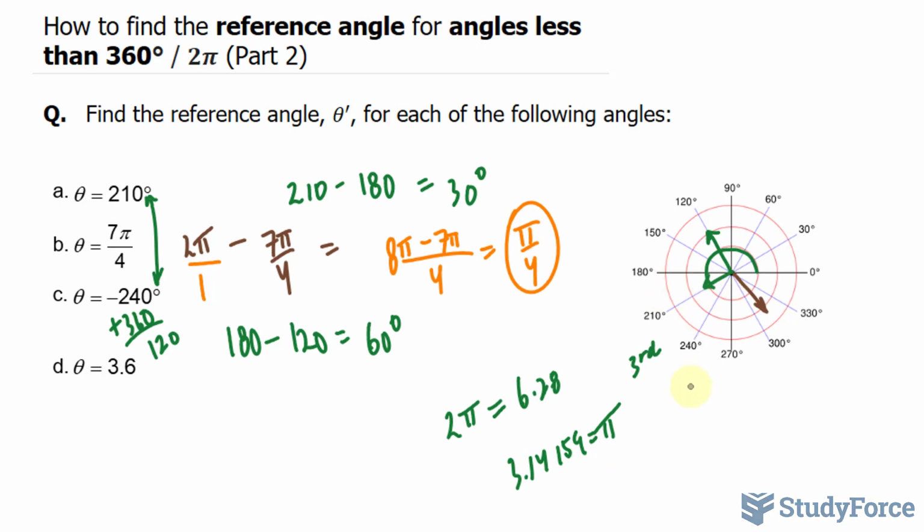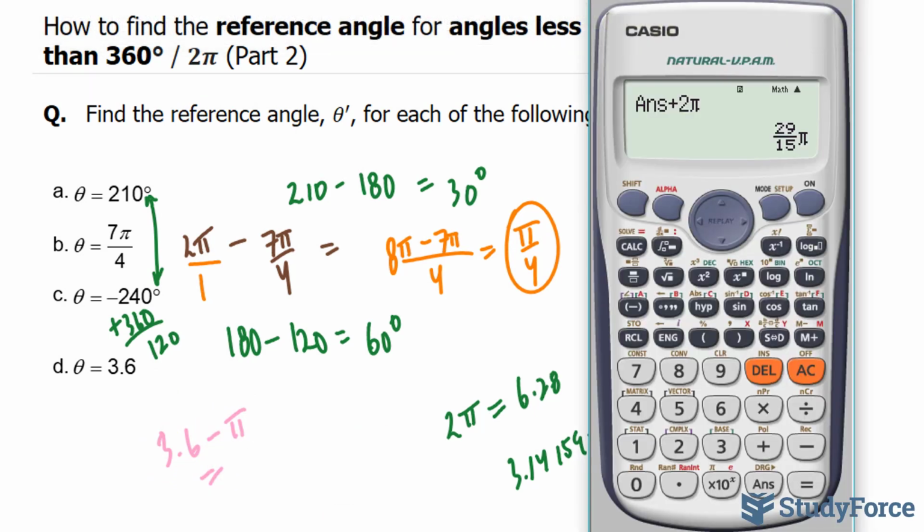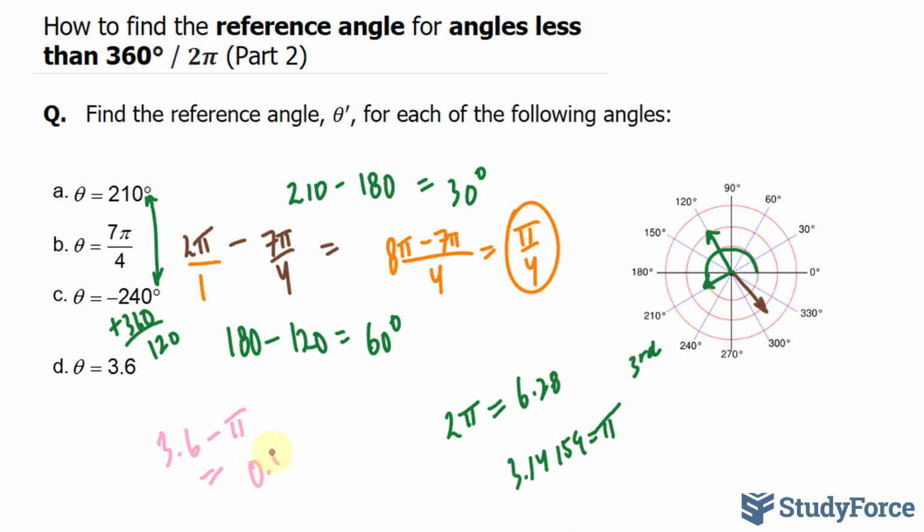If an angle is in the third quadrant, and given that this is in radians, we take 3.6 and subtract pi from it. You'll need to use your calculator for this. 3.6 minus pi gives us approximately 0.458.